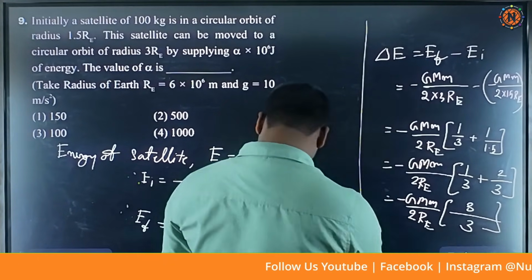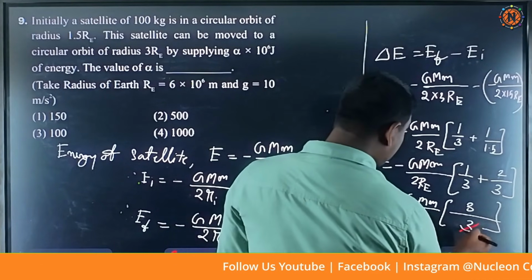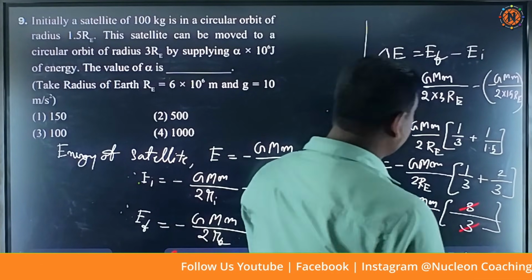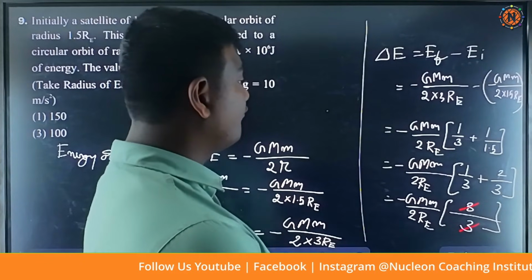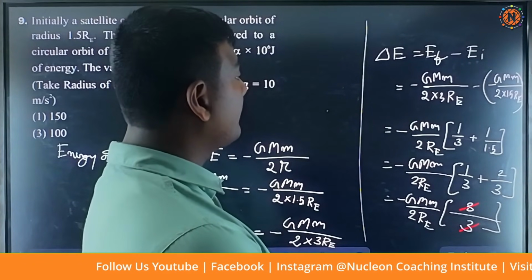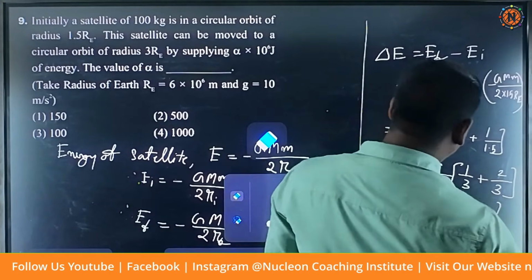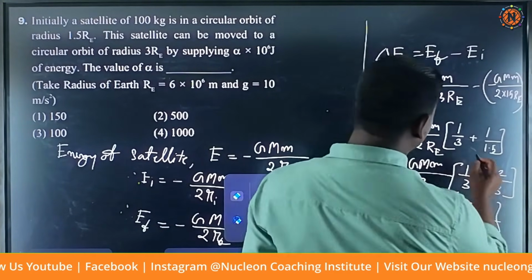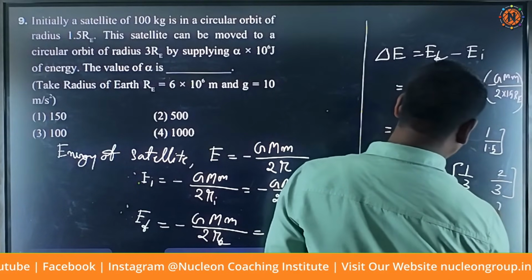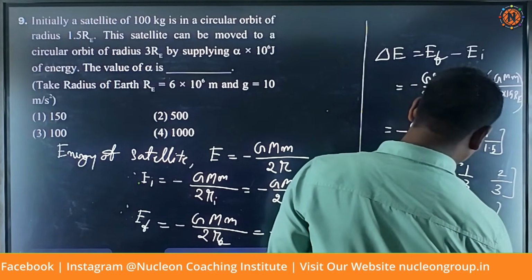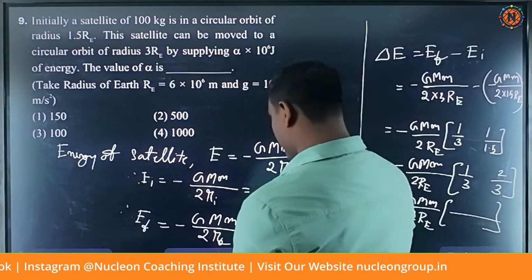Okay, so this 3 and this 3 will be cancelled. Oh, sorry, I have done a mistake here. So if I take minus common, there will be a minus here.